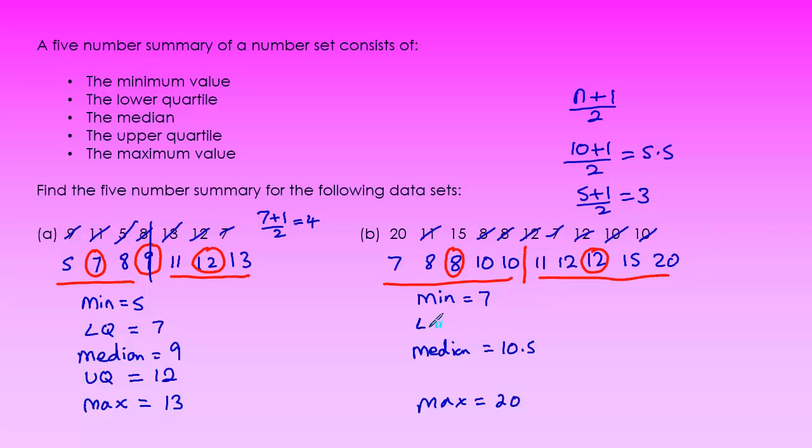So we can say that the lower quartile is equal to 8 and the upper quartile is equal to 12.